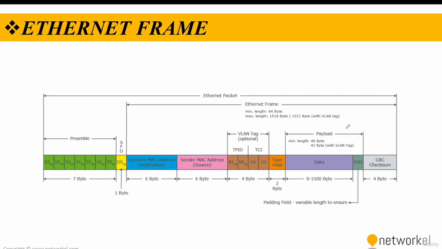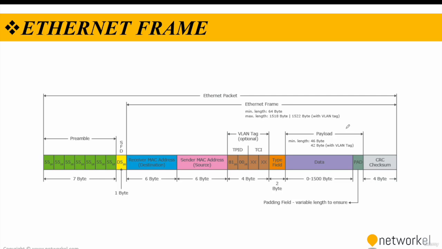We have the start of frame delimiter, SFD, which is 1 byte and is responsible for specifying the beginning of the destination MAC address in the next byte. We have the destination and source MAC addresses, which define the requested receiver of the frame and the sender of the frame. We have the VLAN tag, which is optional, guys, and carries VLAN information if any VLAN configuration is there.